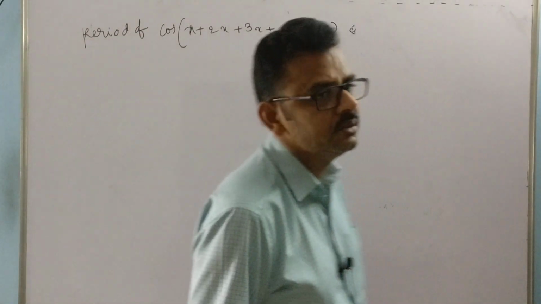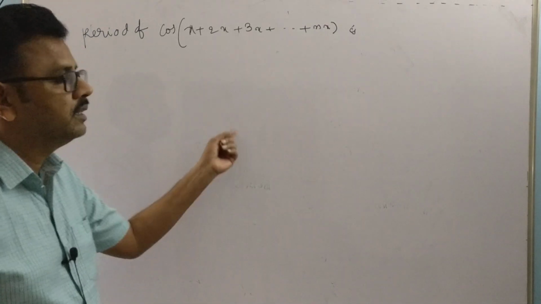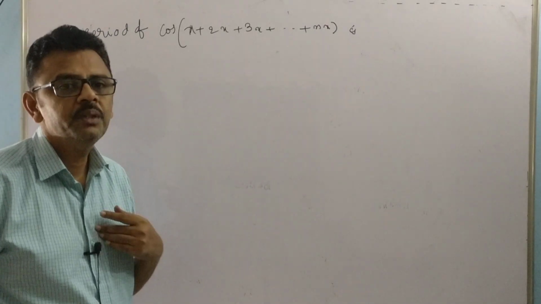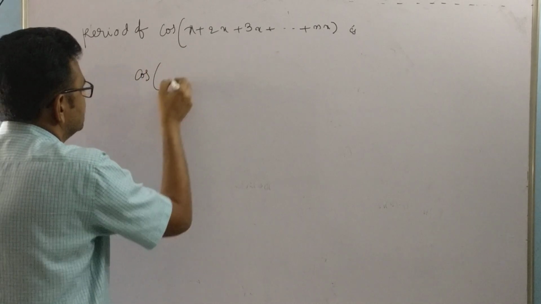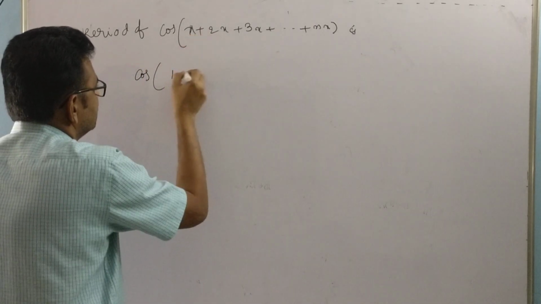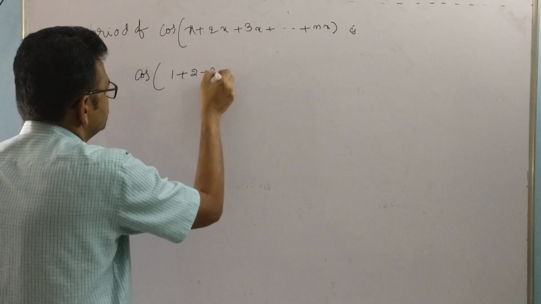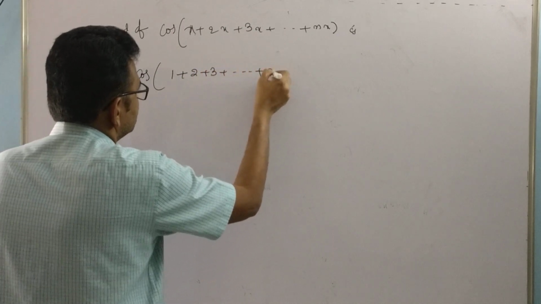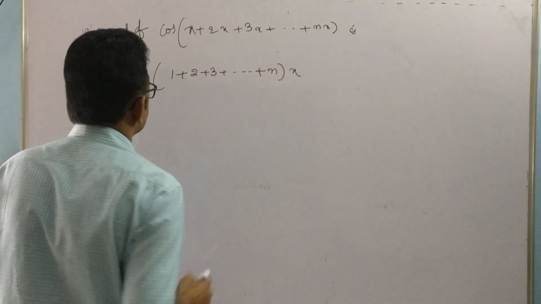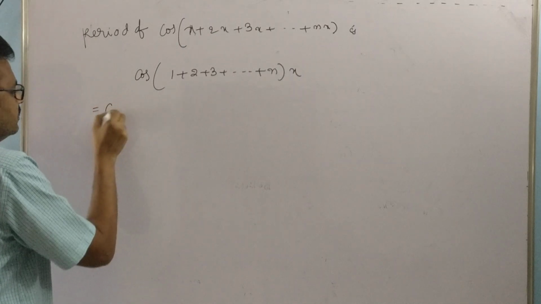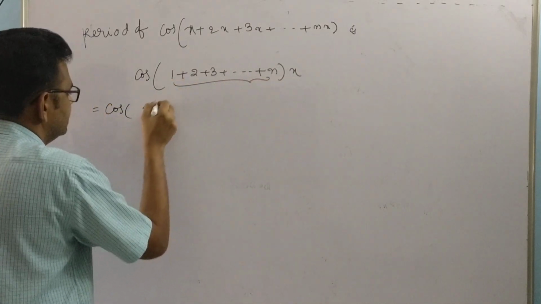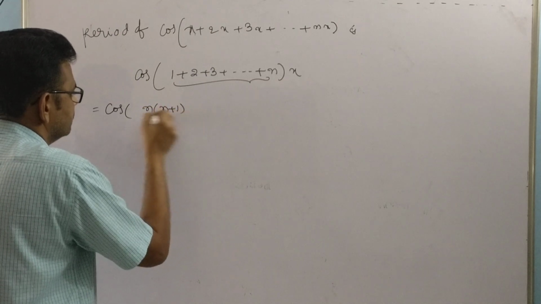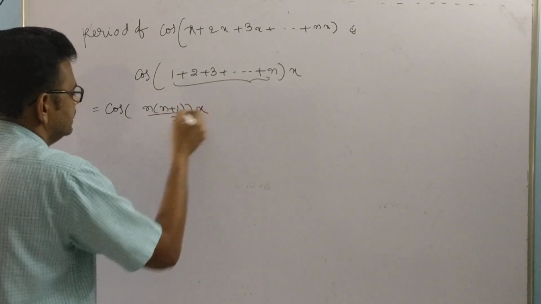Cos x period is 2 pi. Period of cos of ax plus b is 2 pi by mod a. So this is cos of, taking x common, (1 plus 2 plus 3 and so on n) x. This is equal to cos of the whole thing, sigma n, which is n into n plus 1 by 2, of x.